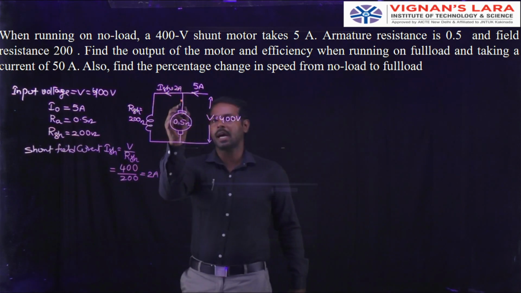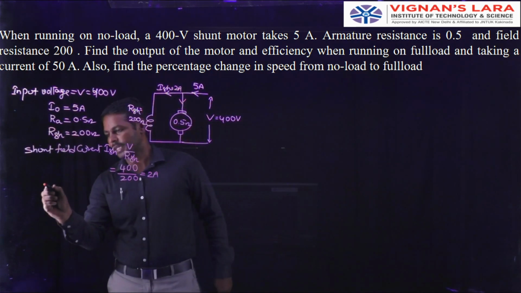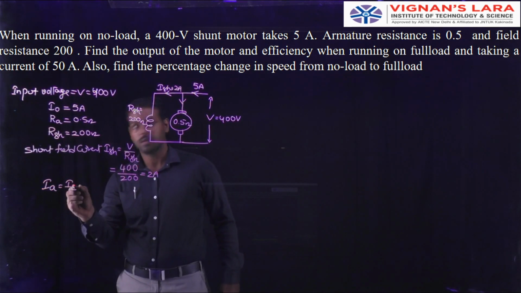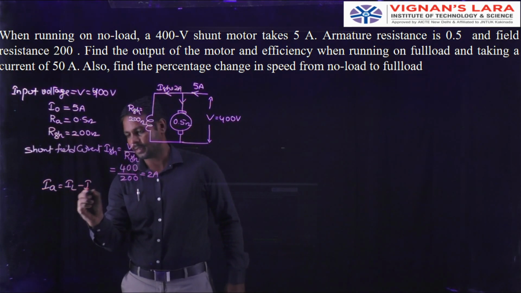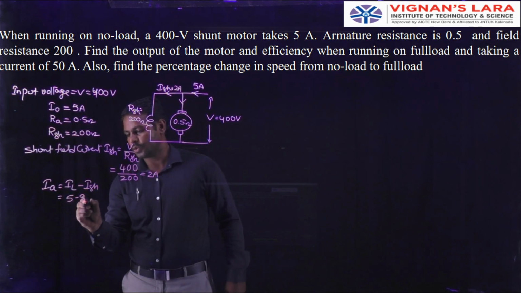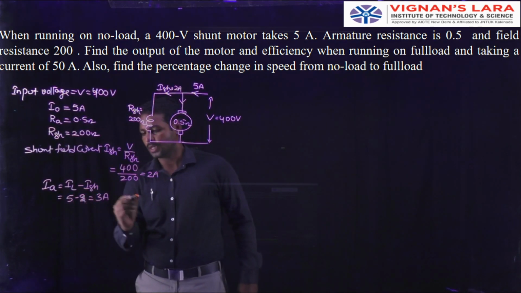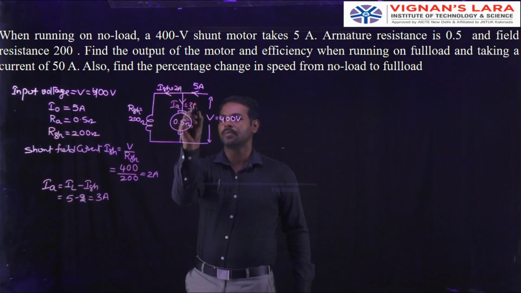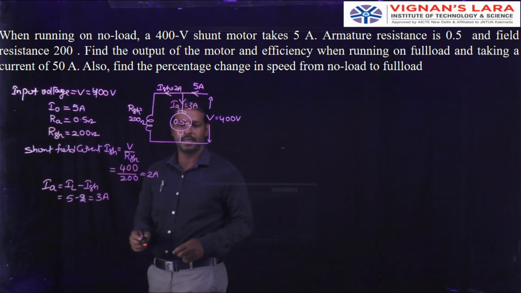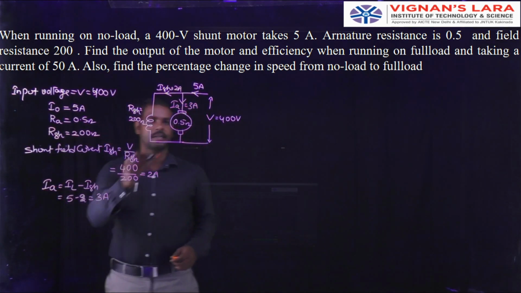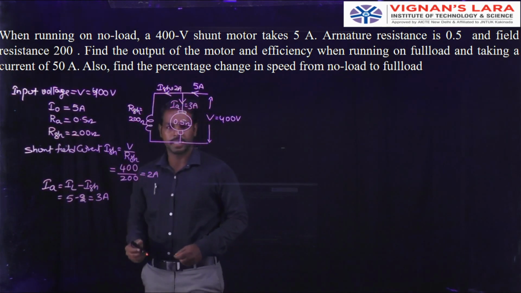So what about the armature current? IA is equal to I0 minus ISH, which is equal to 5 minus 2 amperes, which is equal to 3 amperes. Based on these expressions, the armature current IA is equal to 3 amperes.